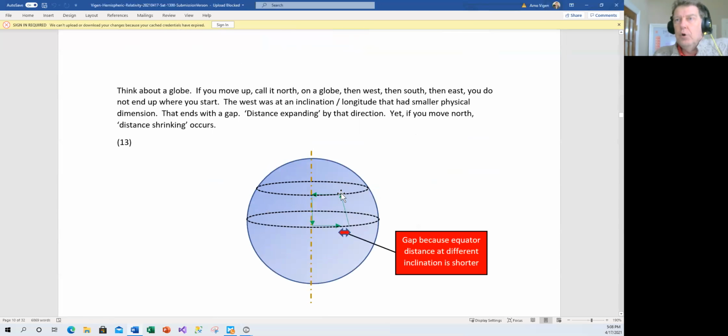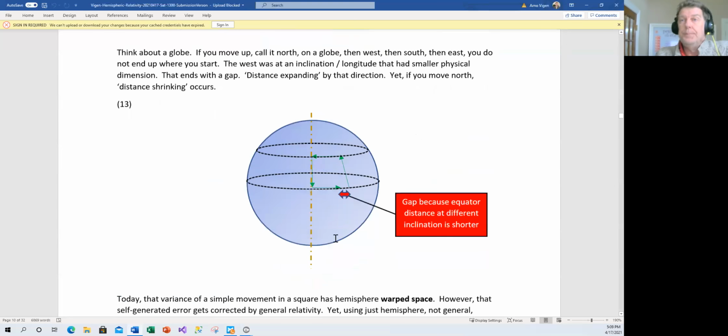If I move north, move the same distance south, move south again, and then move back to the east, I go what you would think would be a square, but there's this gap because the distance around this longitude, the curvature of the latitude, is different than the curvature here, so that space is warped in the ways that you see in science fiction from things, people extending Einstein to places it's not supposed to go. That gap is the difference because you're not working on an XYZ based system.